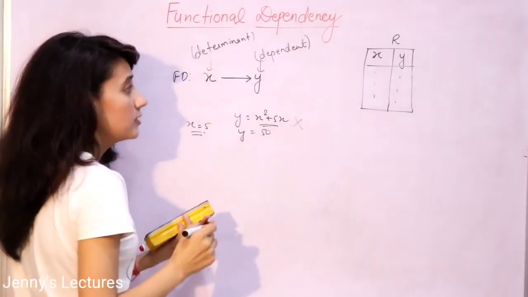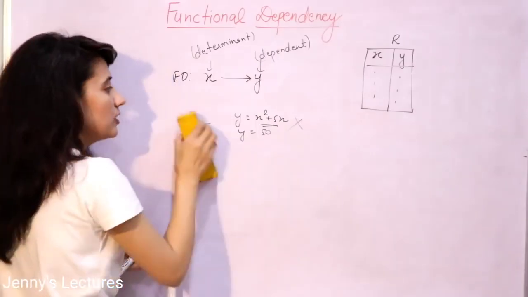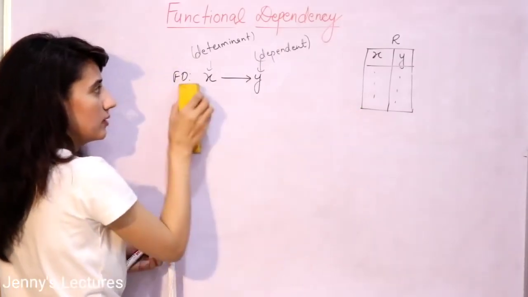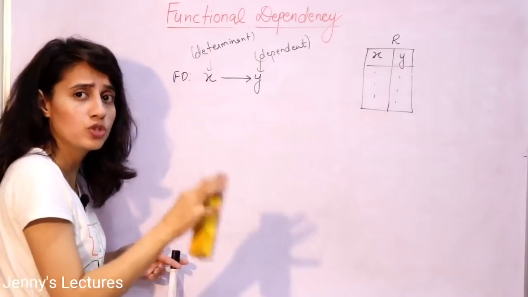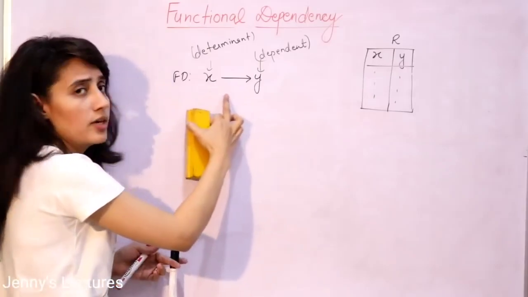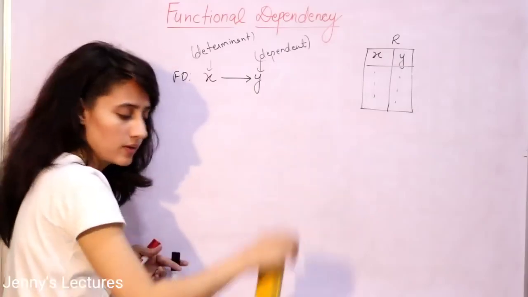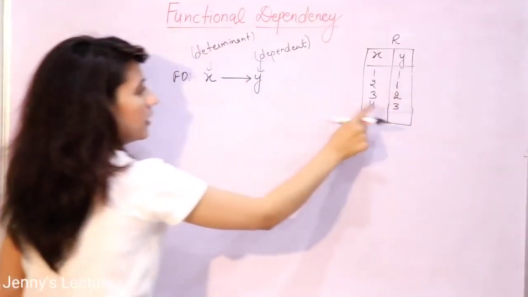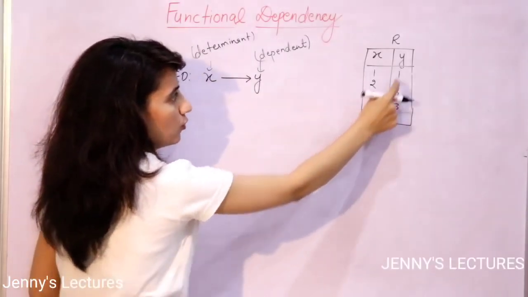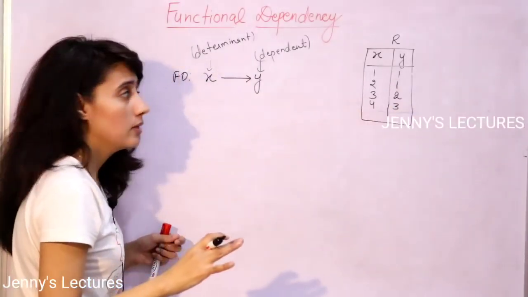Now let us fill this table with some values, and then we will see whether this functional dependency exists in this table or not. You need to follow some rules to check that this is a functional dependency or not in this table, right? I'll tell you all the rules. Now let us take these values in this table. The x values are 1, 2, 3, 4, and the y values are these.